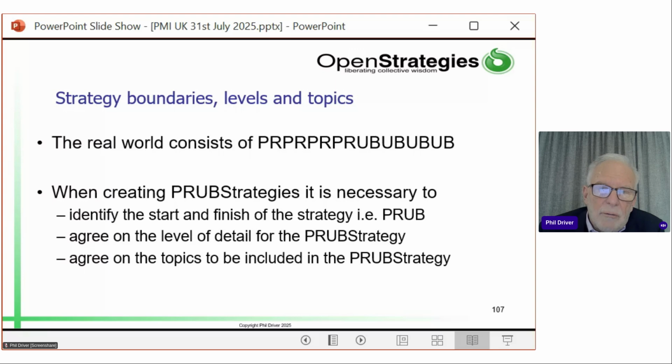Are you writing an aspirational, very high-level strategy, or are you getting right down into the details? And what topics are you going to include in your strategy? So after the Christchurch earthquake, are we going to have a strategy on repairing all the infrastructure, or are we just going to focus on wastewater? So when you start a strategy, there's a few starting decisions that need to be made.